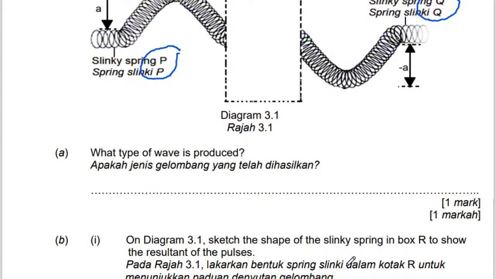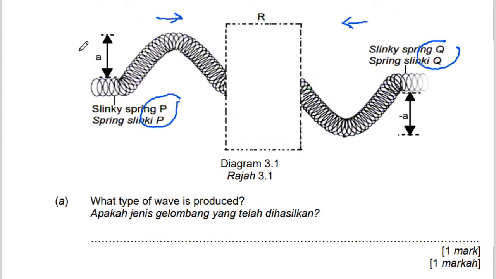Because there are two types of wave: one is transverse, the other is longitudinal. In this case, a slinky spring can give you both types of wave, depending on how you vibrate the slinky spring. Since you move the slinky spring sideways, like that, this is transverse. Okay, good.